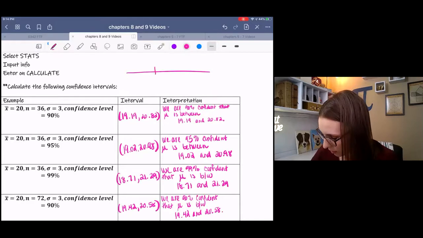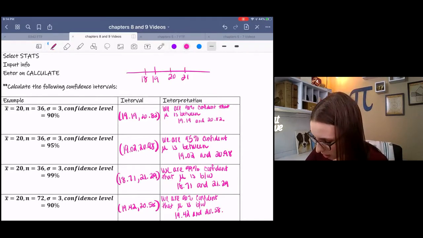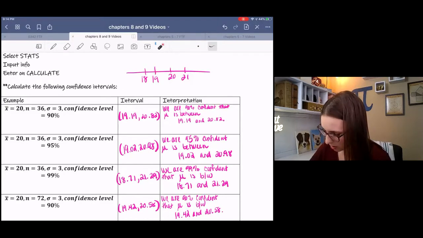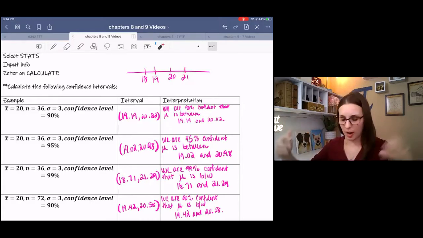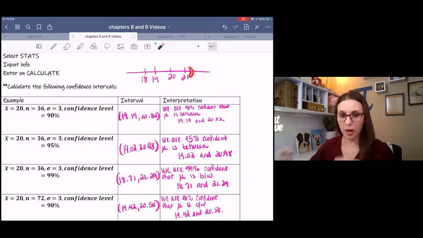So we have 18, 19, 20, 21. At first we are more in here, and then it's more spread out, and then even more spread out.